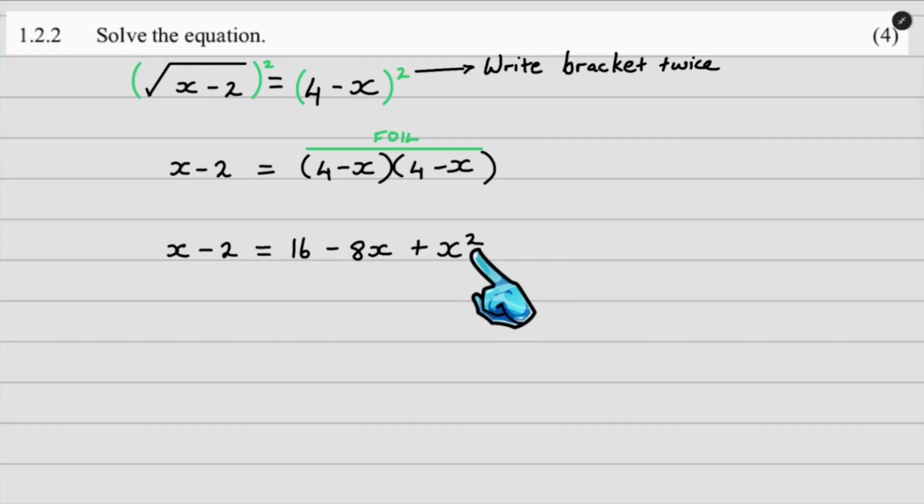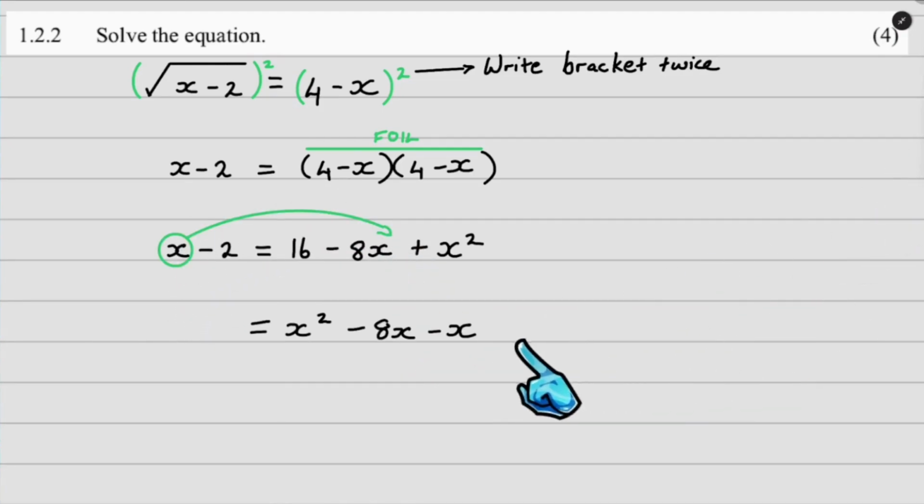So to get standard form, I need the right order. So I'm going to put the x squared first over here. I want the ones with x's in the middle. So I'm going to keep this in the middle. And I'm going to bring that x over to the middle here. Just keep in mind when I take this over, it turns into negative x.